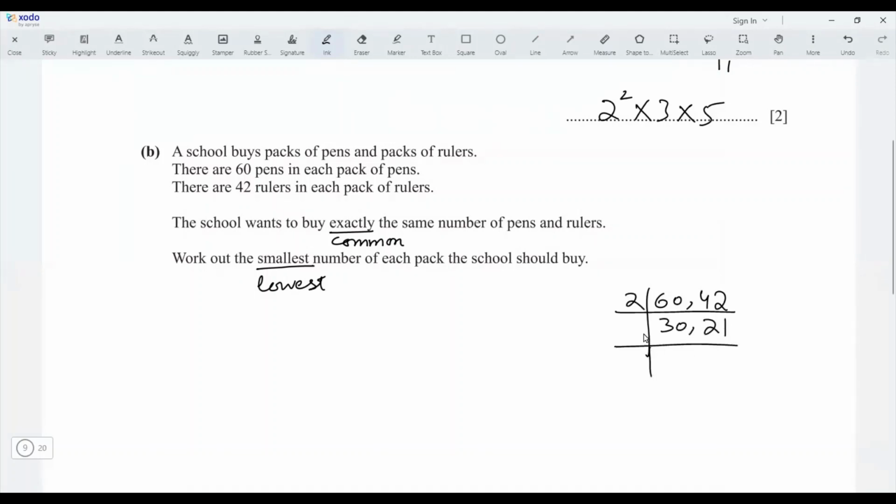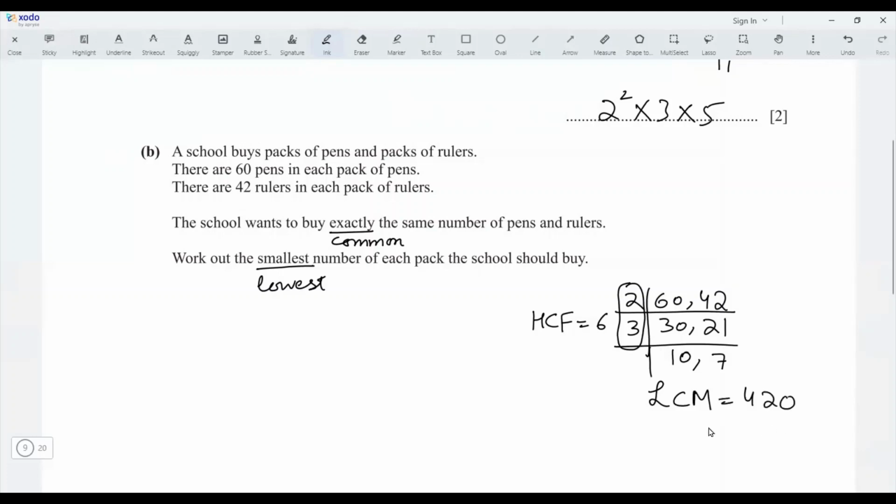So now the common factor is 5. So I divide by 5, getting 3 and 2. So 2 times 2 times 5 is basically the HCF, the highest common factor, which is 20. And multiplying with 3 and then 2, it results in the LCM, which will be 120.